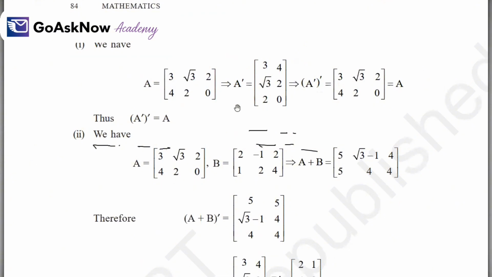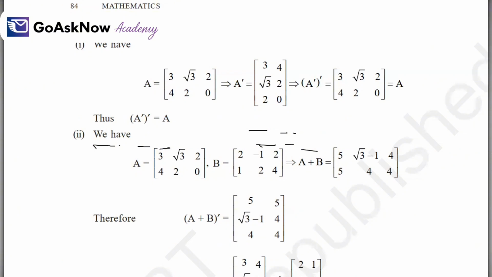So A double dash will again be equal to A, because first you exchange the row elements to columns, then again change rows to columns, so you will get only the A matrix. You get the original matrix after two transposes. Similarly, if you take the transpose three times, you will get A dash, and four times, you will get A again. So this will move on in a cycle.